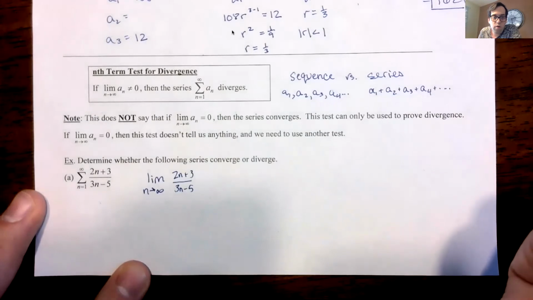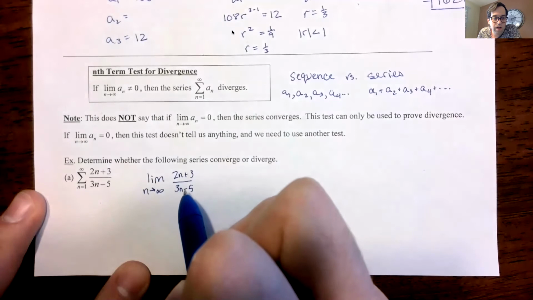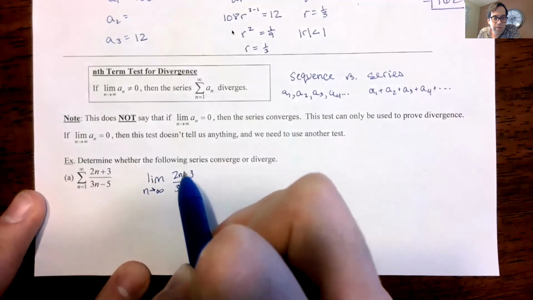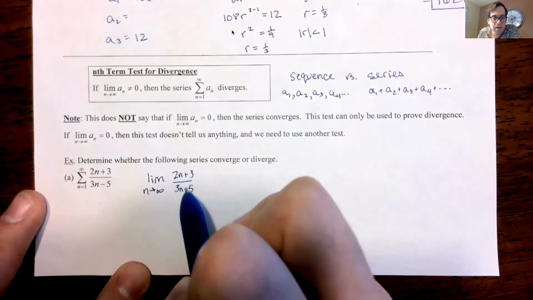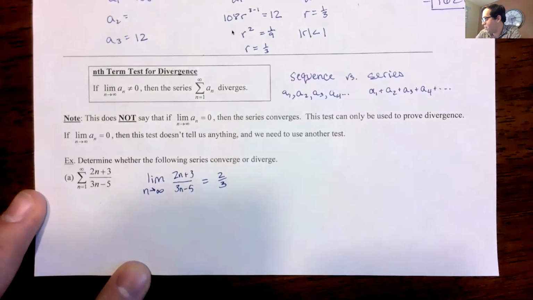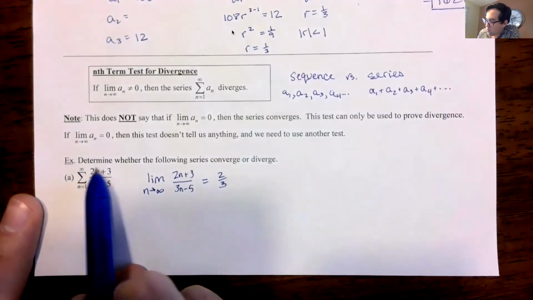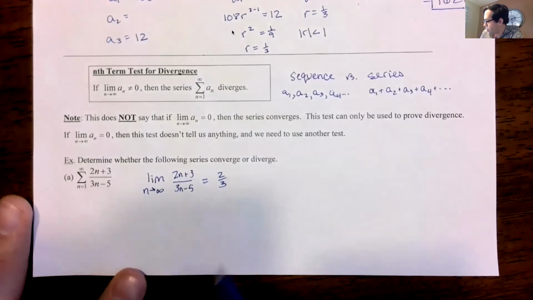Well, we know from BOBO BOTN EATS DC, both of these n's have a degree of 1. This is n to the first power, this is n to the first power. So that's EATS DC. If the exponents are the same, we divide coefficients. So this is going to equal 2/3. So this sequence over time approaches 2/3.